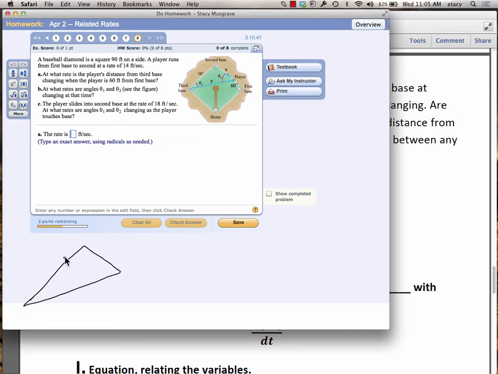So we've got a right triangle. Here's theta 2. Here's theta 1. This is x. This is 90. So tan of theta 2 equals x over 90.